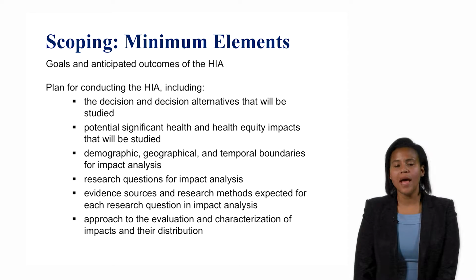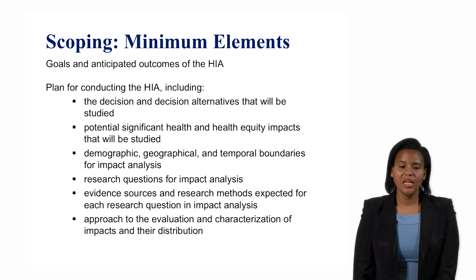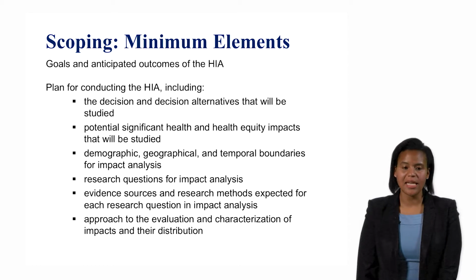If we look at the minimum elements document that I showed you as part of the first module, here are some highlights about the scoping step. So we're thinking through that plan to conduct the HIA.